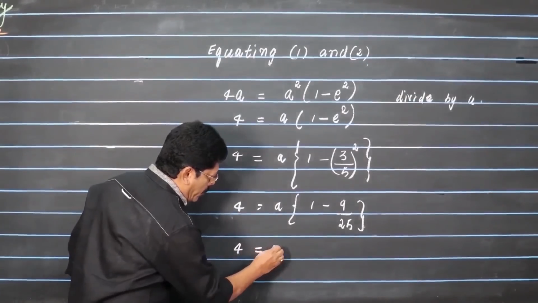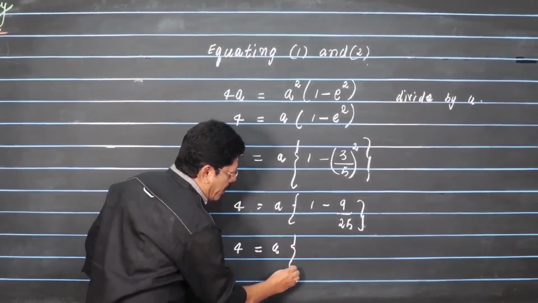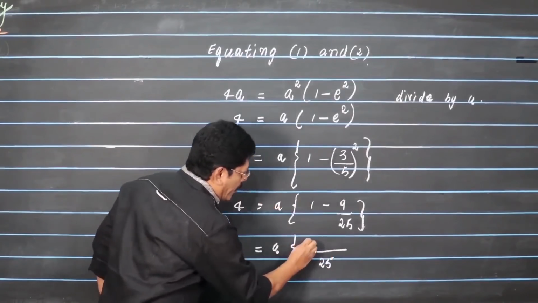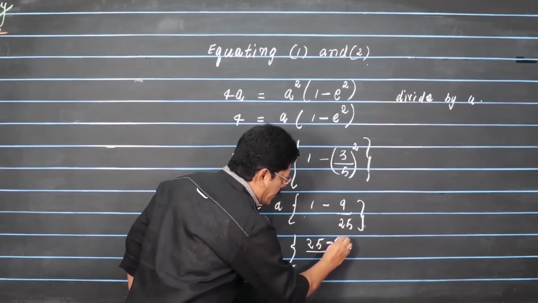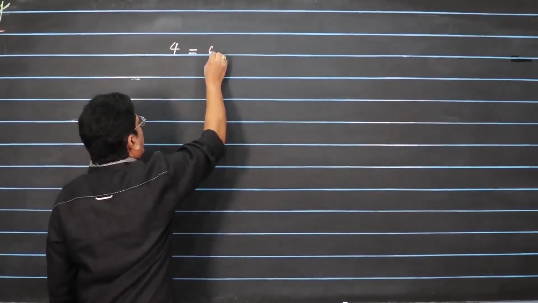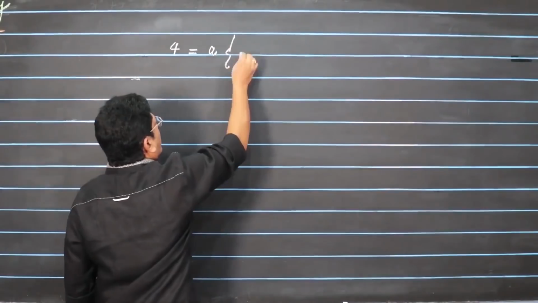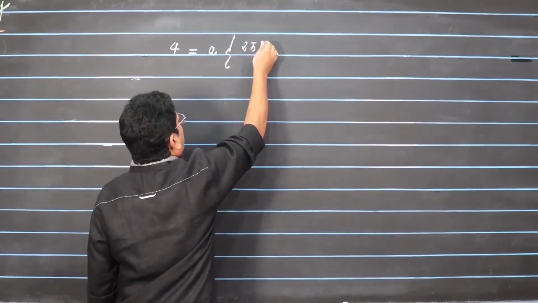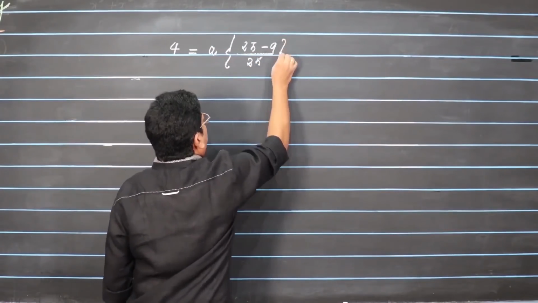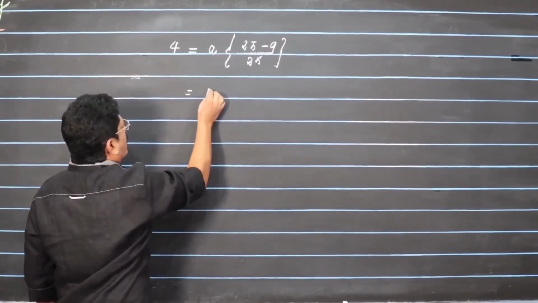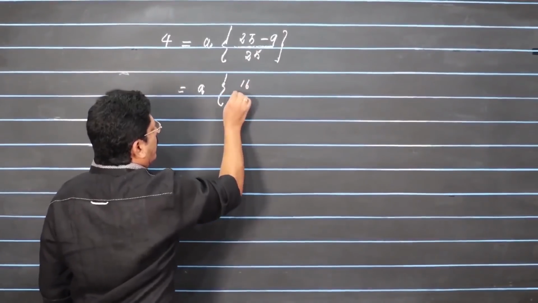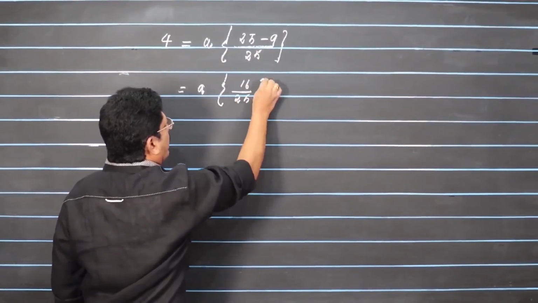Now taking LCM 25, 4 is equal to a into 25 minus 9 by 25, which is equal to a into 16 by 25.